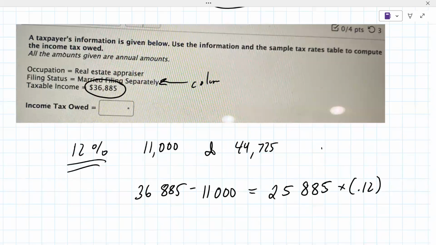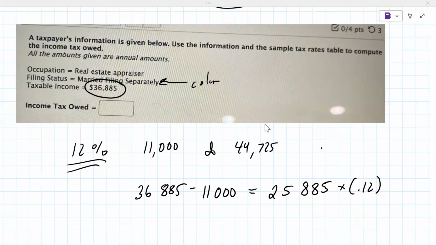So you're only paying on the amount over $11,000 and up to 44,000. I would just subtract 11,000 from the number and then multiply it by its tax percentage. That's the simple case. If you made more than the 44,000, you'd have to do another calculation.